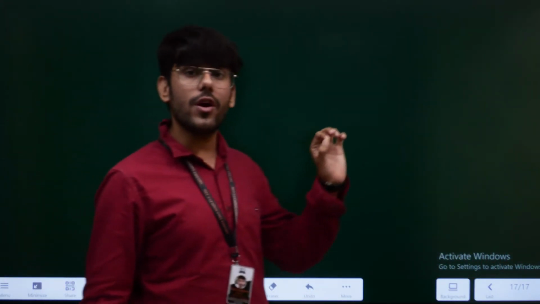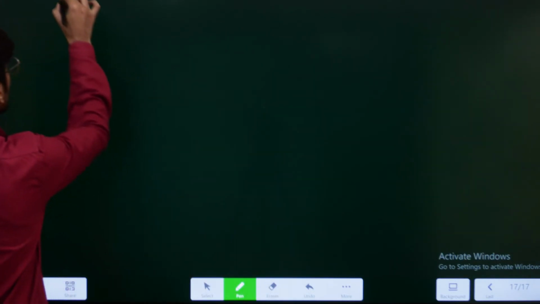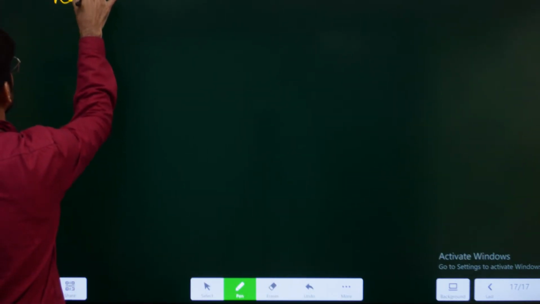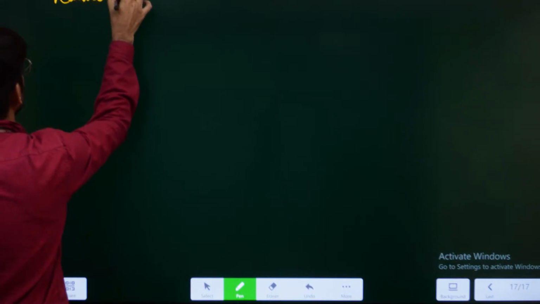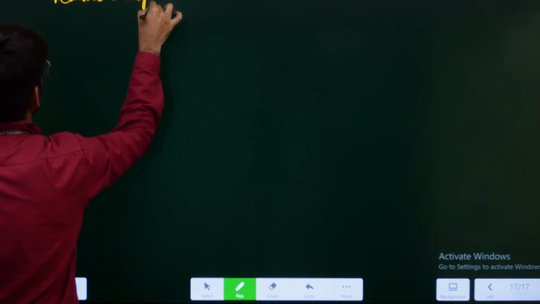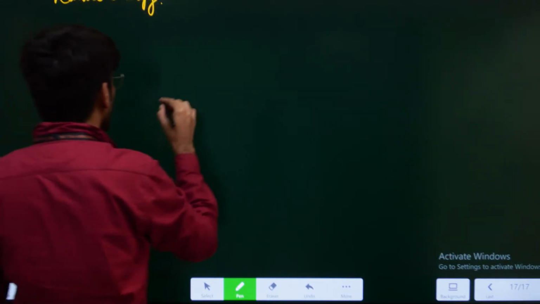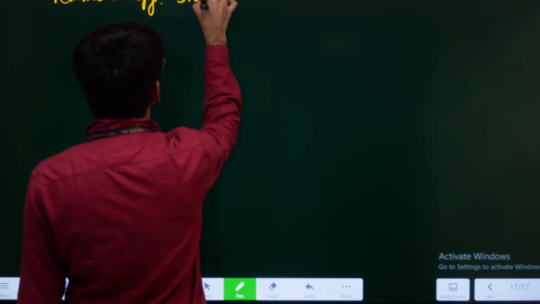let me introduce a concept to you, and that is the concept of lattice energy. What is lattice energy?